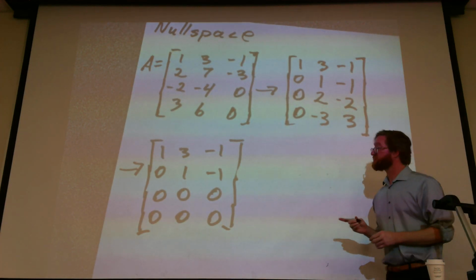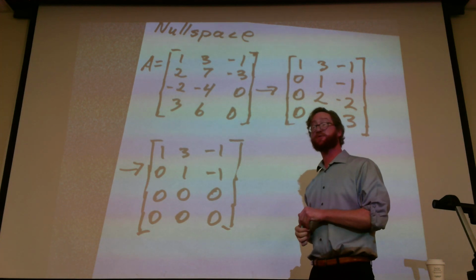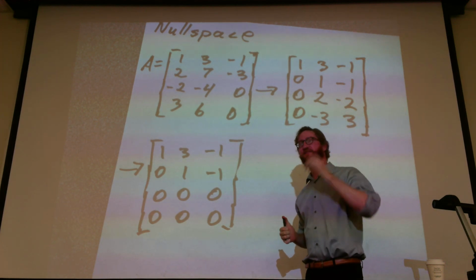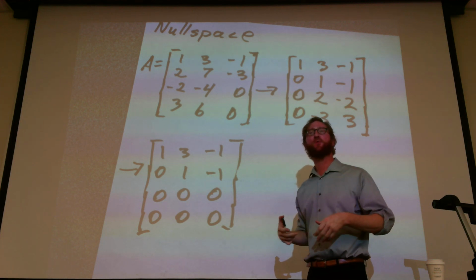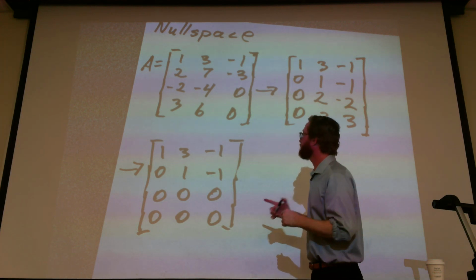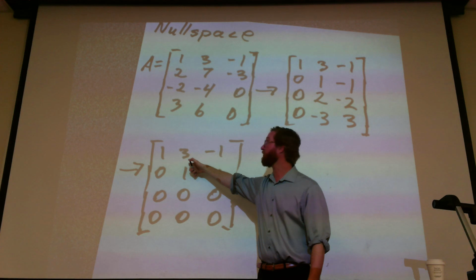So remember, to get it into reduced row echelon form, we have to have zeros above and below the pivot point. So we need to eliminate that guy right there. We got to get rid of that 3.